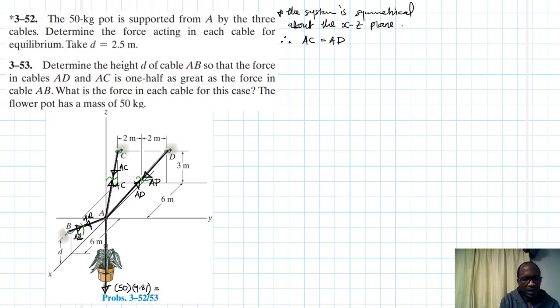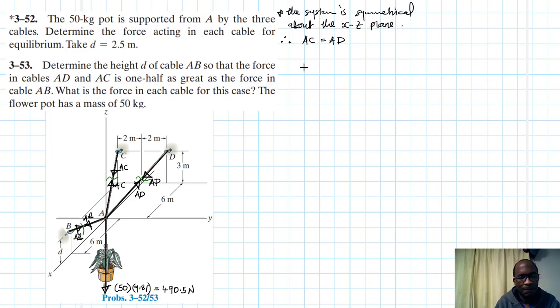So when we multiply 50 by 9.81, we have 490.5 newtons. Great.